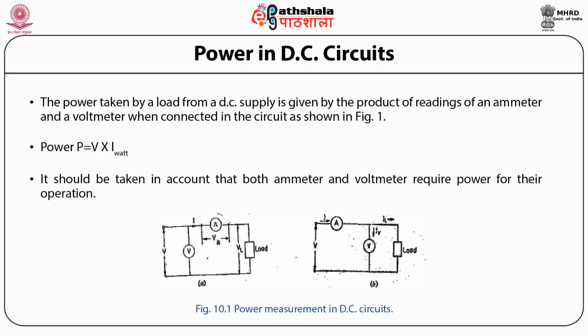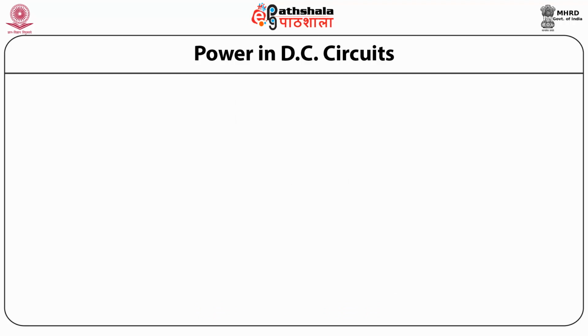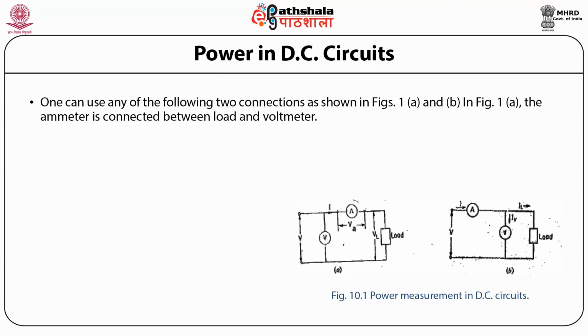It should be taken into account that both ammeter and voltmeter require power for their operation. One can use any of the following two connections as shown in figures 1a and 1b.